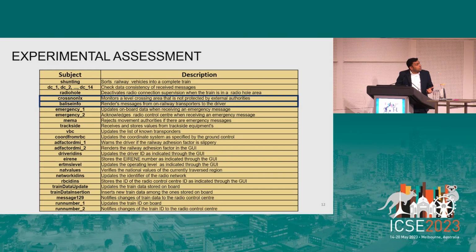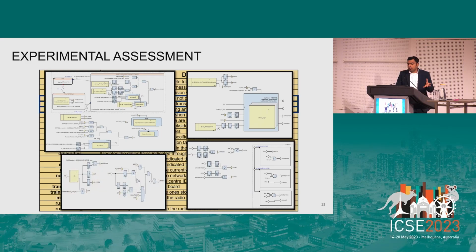And for example, BaliseInfo, which gives the driver the messages from the railway trackside transponders, and Emergency, which updates the onboard data once the emergency message is received. These are figures of state machines under some sub-functional implementation of the level crossing procedure. Most of the models are like this, and they seem to be complex in implementation.